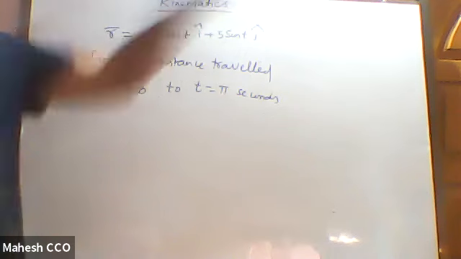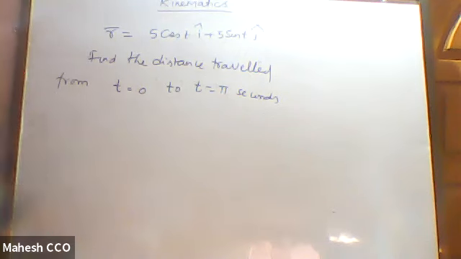The position vector is given like that, where t is in seconds. All of you try to find it. Think about it.